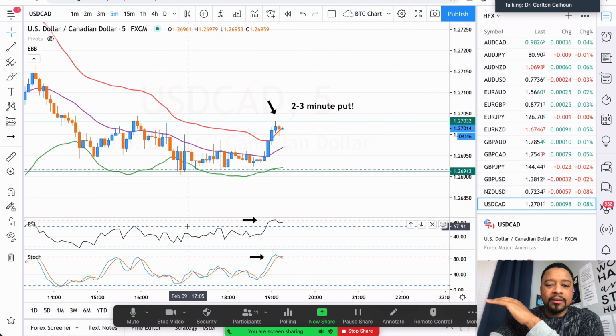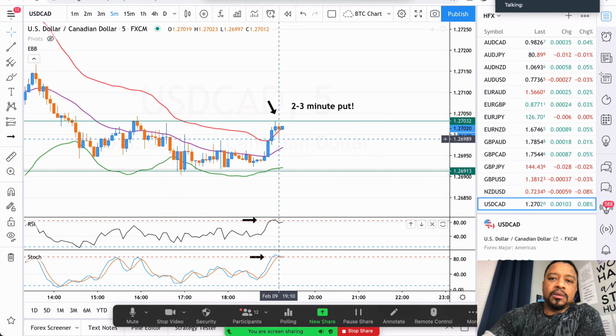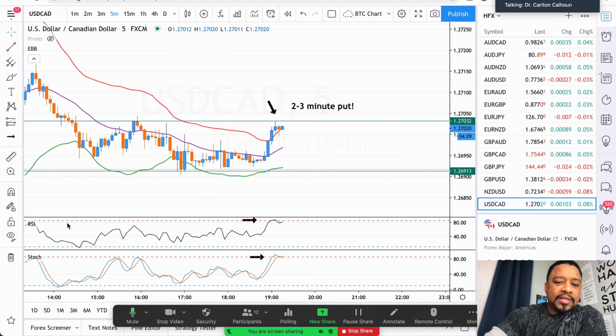The RSI, that's the first indicator I use. Y'all know I don't trade with indicators when I'm trading regular Forex, but for HFX, I use indicators. The first indicator that I use is the RSI.